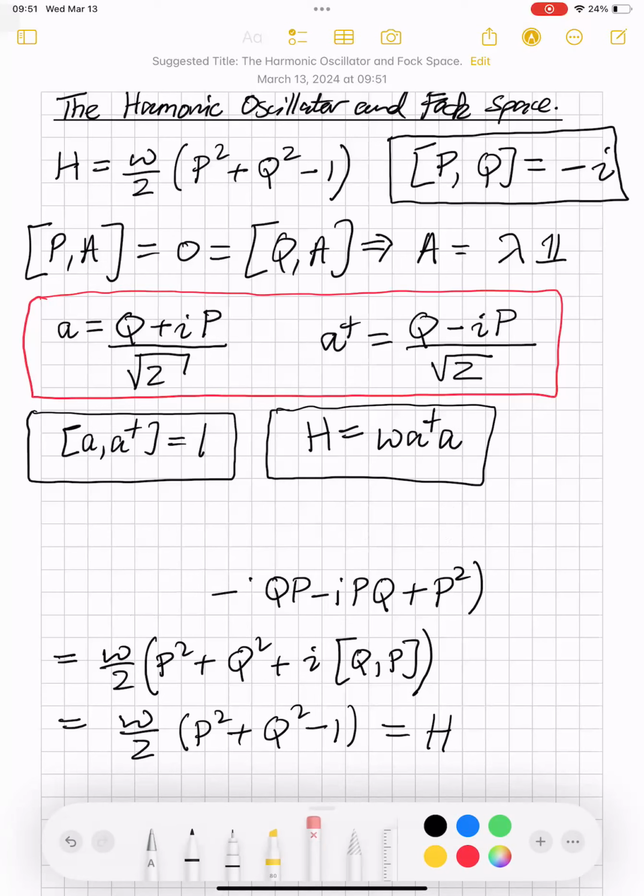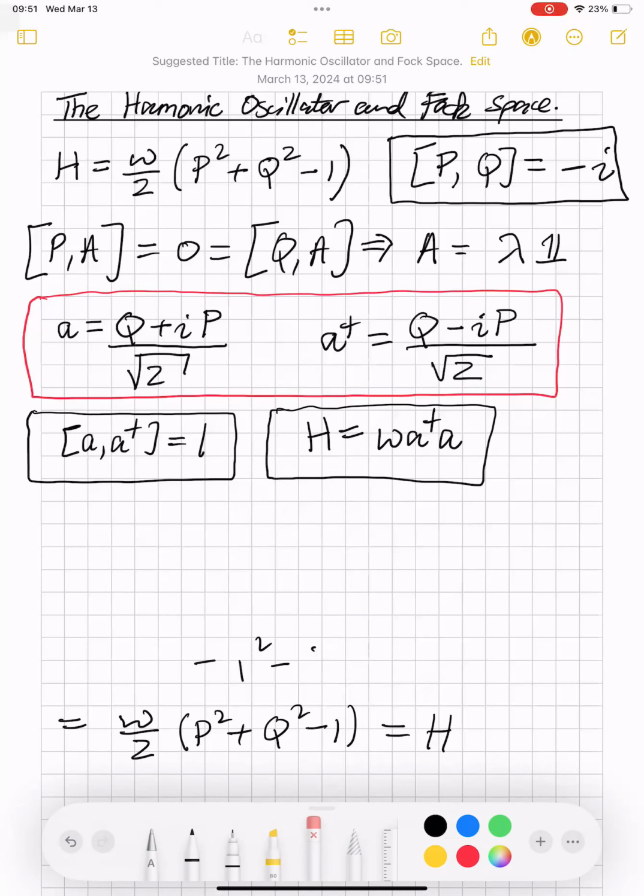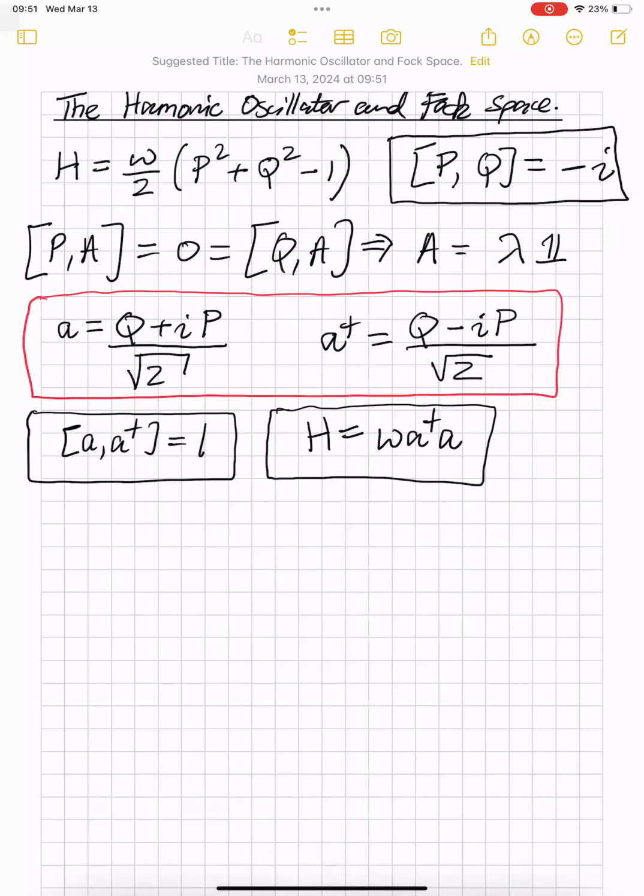Okay, good. Now I want to calculate the commutator of H with A. So let's turn to that calculation next. I'm going to use the formula for H that we've just derived. Omega is a number, so I can happily pull it out of the commutator.